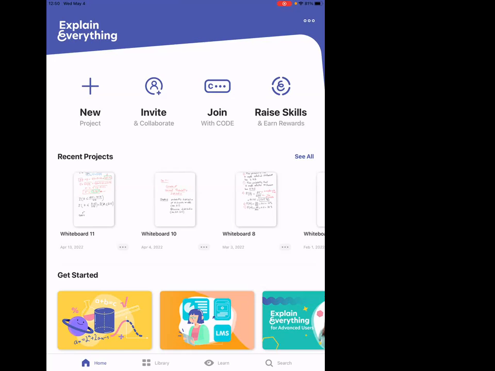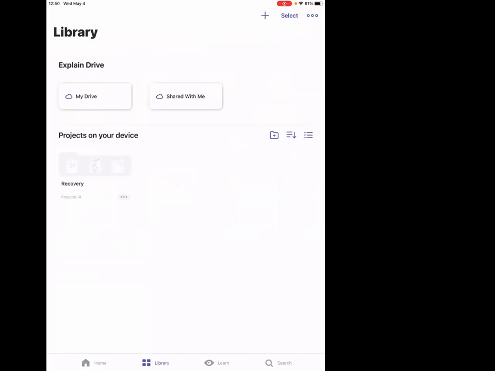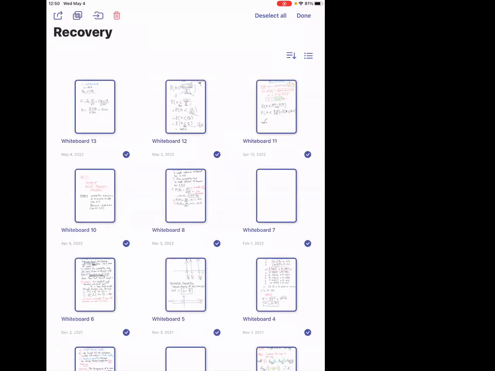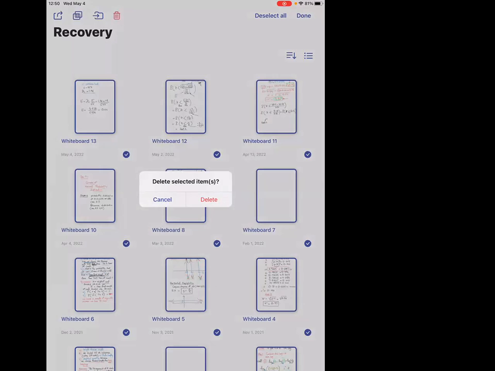How to do that? Select all. And then I'm going to just delete.